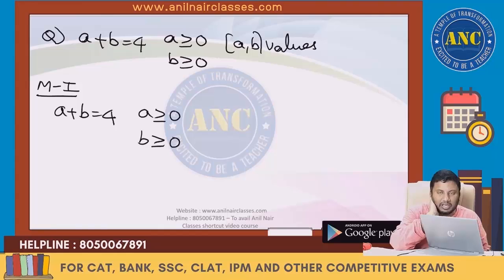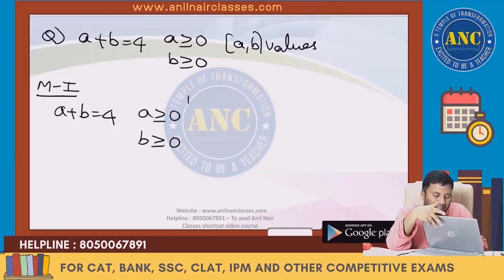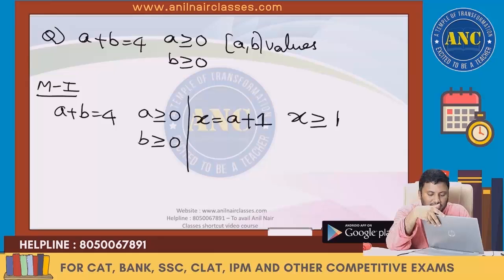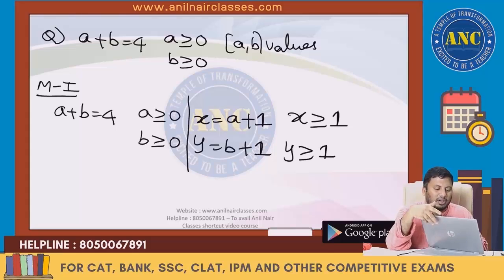I know a method how to solve it when they are starting with 1. So what I will do is, I will take another variable, x is a plus 1, x is greater than or equivalent to 1, y is b plus 1, y is greater than or equivalent to 1.